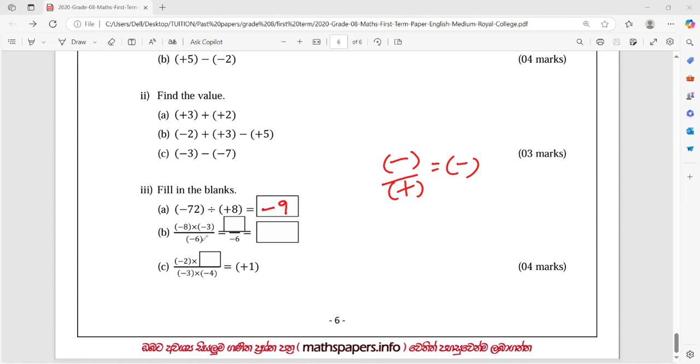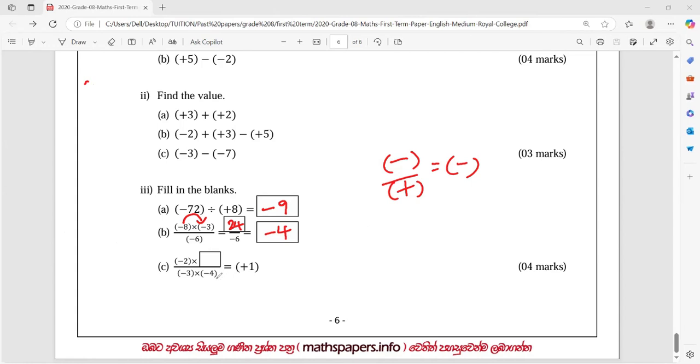Okay. And here you multiply this thing. 8 into 3 is 24. Both are negative, therefore you get positive 24 divided by, okay, we will write it here. We have positive 24 divided by negative 6, and then the answer is negative 4.